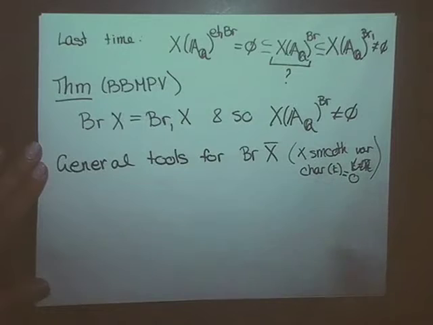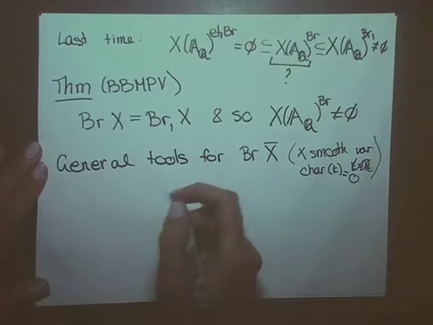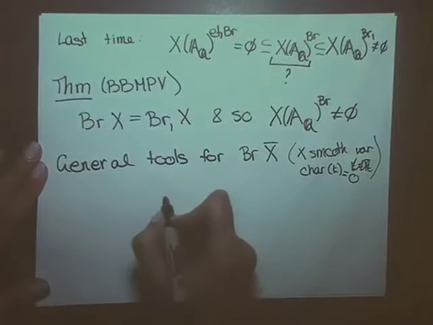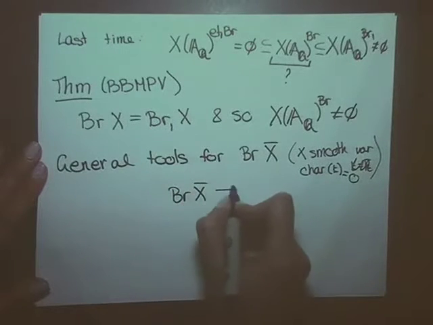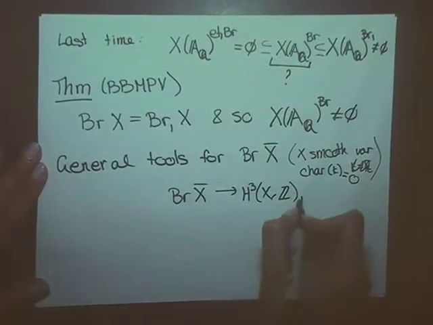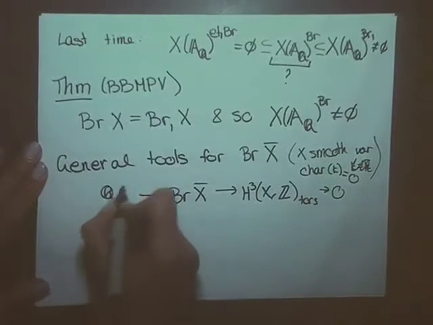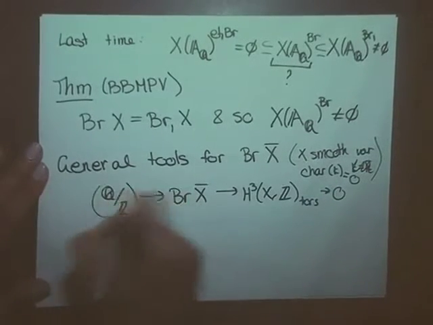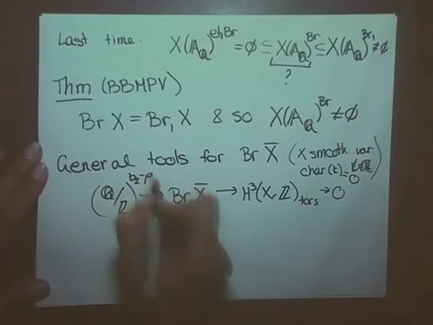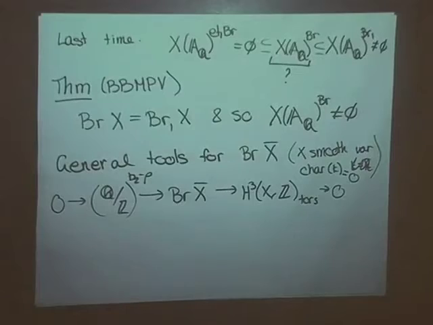One of the first tools, we saw a lot in Vlerë Alvarado's talk. We get that from the exponential exact sequence. So Br X bar fits in the middle of an exact sequence with H^3(X, Z) torsion, and on this side we get (Q/Z) to the second Betti number minus the Picard rank, the geometric Picard rank of X bar.